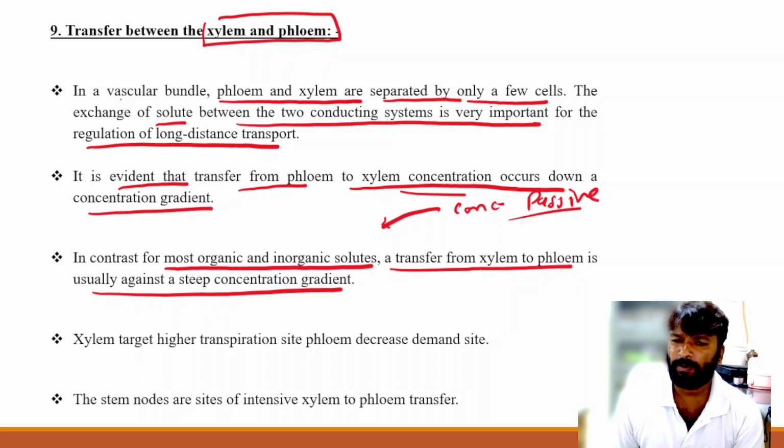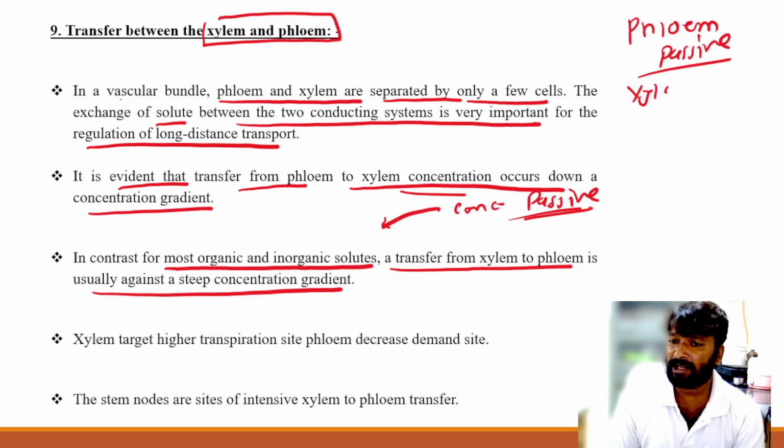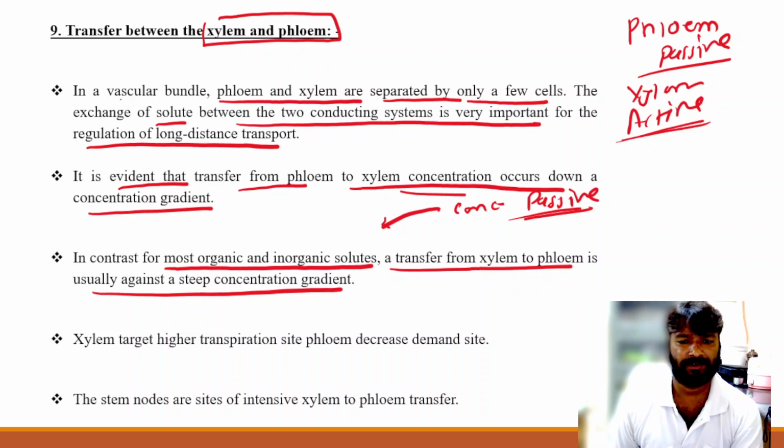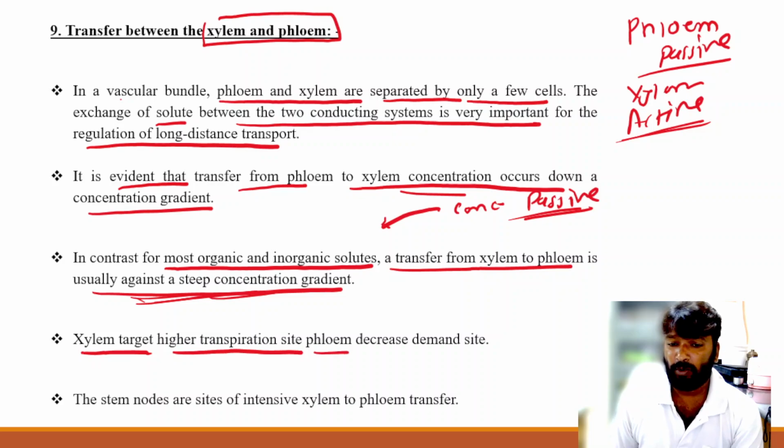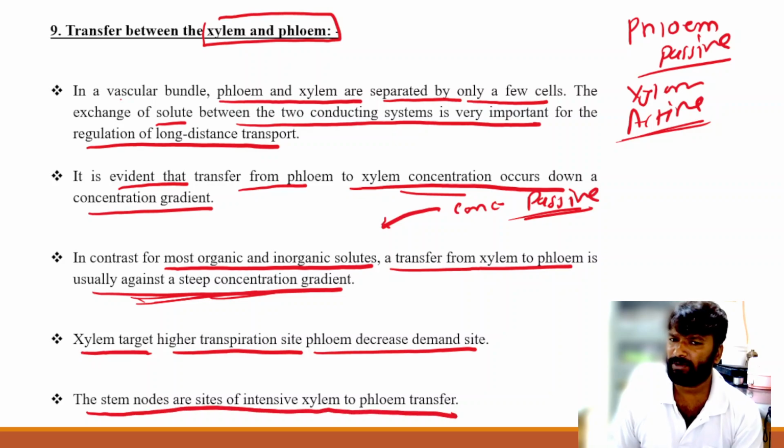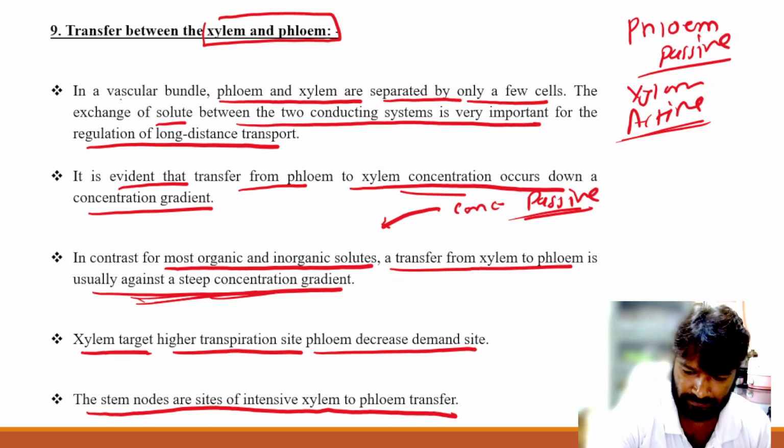You know in the phloem passive transport is dominant, but in case of xylem transport, active transport dominates. Okay, so it will move against the concentration gradient. Xylem targets higher transpiration sites and phloem targets decreased demand sites. The stem nodes are the site of intensive xylem to phloem transfer, already discussed.